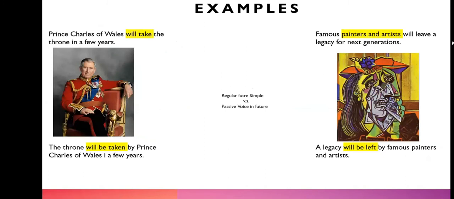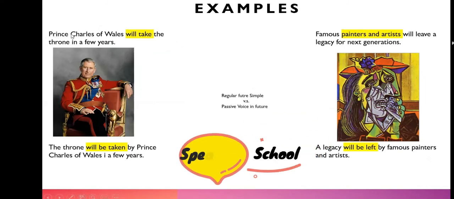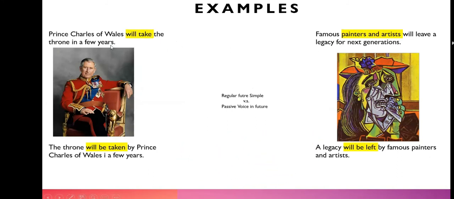With future tense, okay? We have active voice, the normal sentence. Prince Charles of Wales will take the throne in a few years. Our subject is Prince Charles of Wales, and our object is the throne, okay?